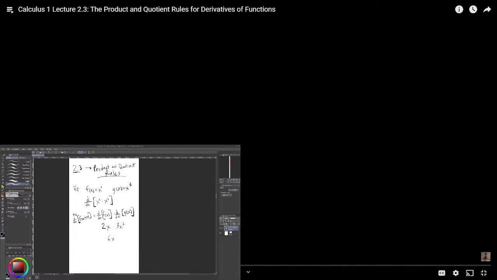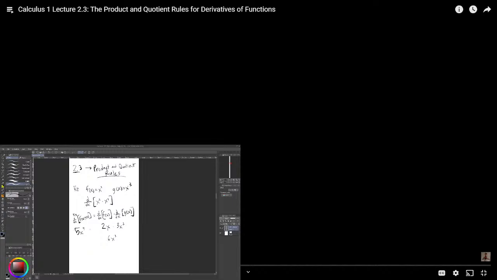So you get 6x cubed. And if you multiply the functions together, you get x to the power of 5, so the derivative is 5x to the power of 4, wouldn't it?